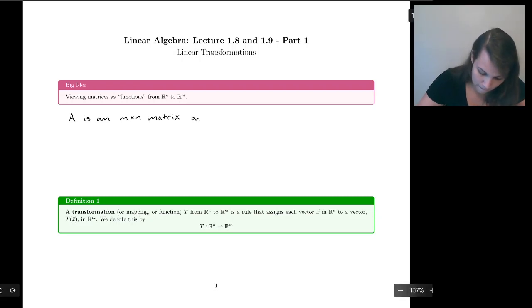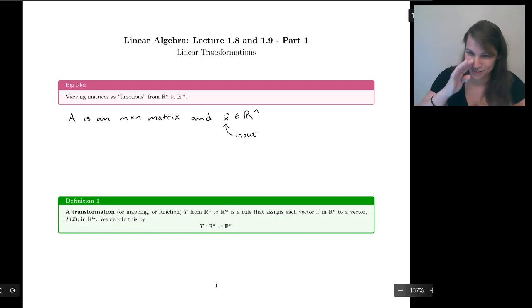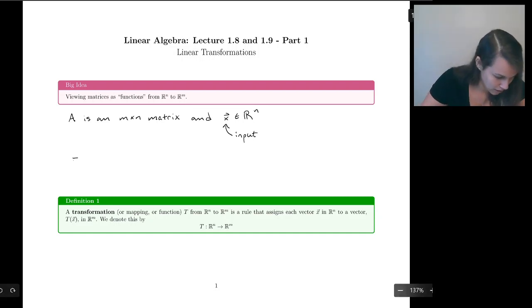Then X would be in Rn if we wanted to do A times X. So X would be the input, and A times X, which is the output, is in Rm.